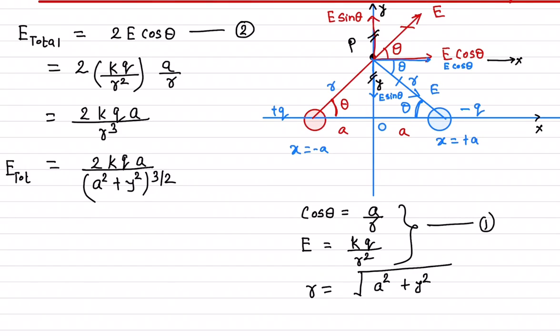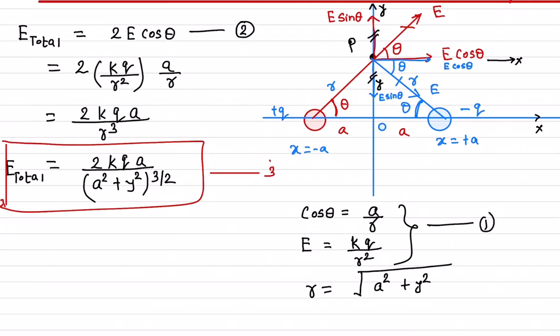This is the total field E. Let's call this equation number 3.